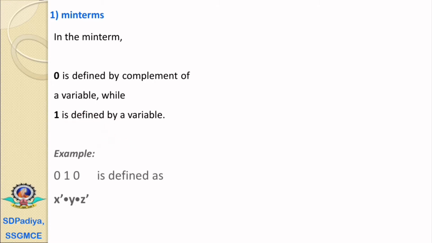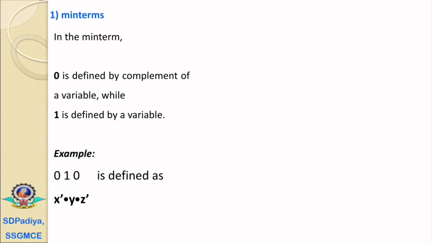Let's take an example. Suppose we have a min term 0, 1, 0 for the three variables x, y, z. Then we can define it as x dash, because 0 means a complement of a variable, x dash product y product z dash, that is, x complement, y, z complement.